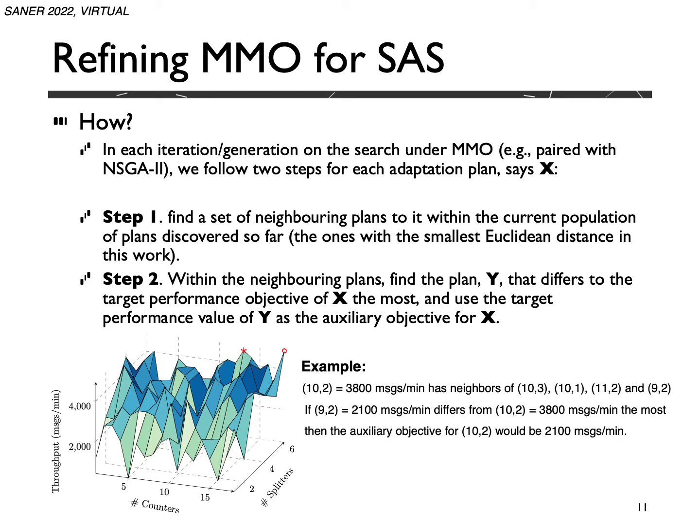Here's a quick example where we show that the point 10.2 has 4 different neighbors. For example, if the point 9.2 has the largest difference to the point 10.2 in terms of the target performance objective, then we immediately set its target performance objective as the auxiliary objective for point 10.2.